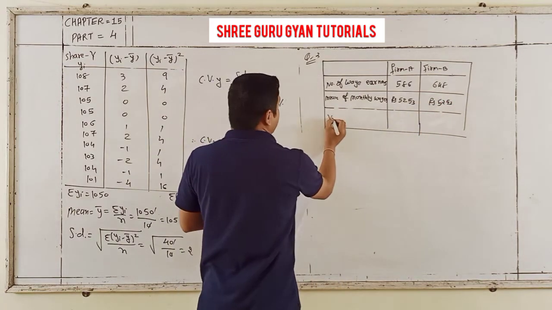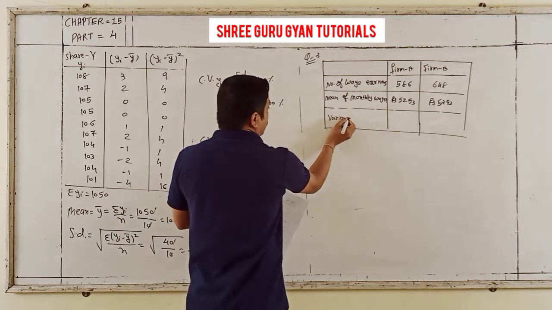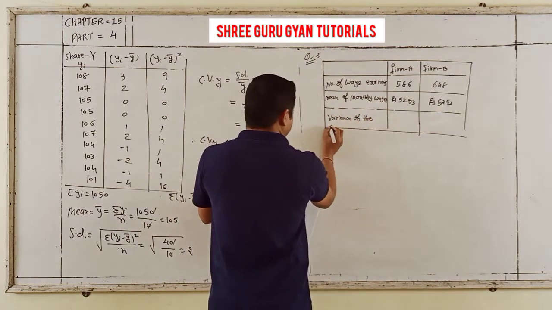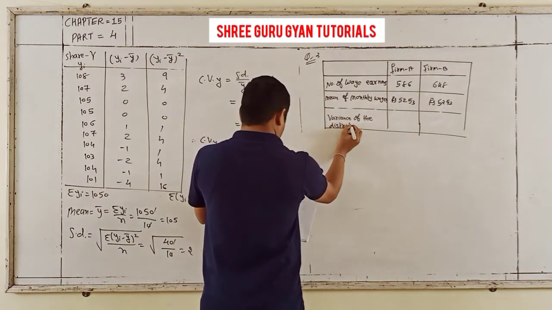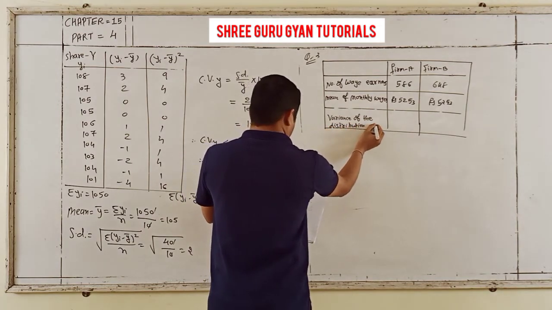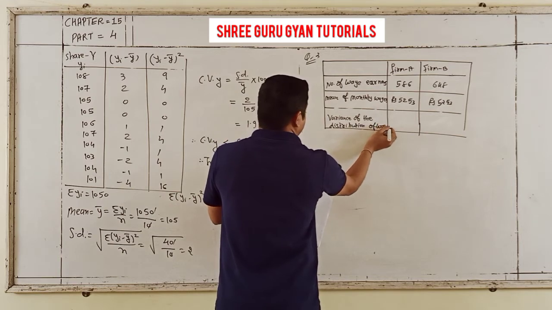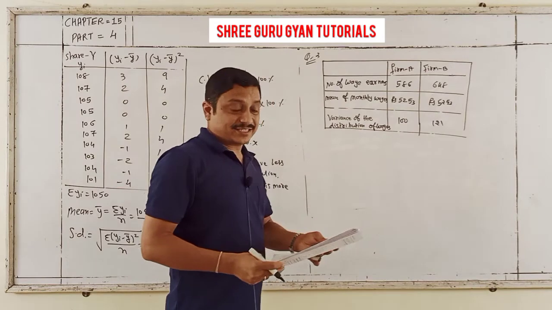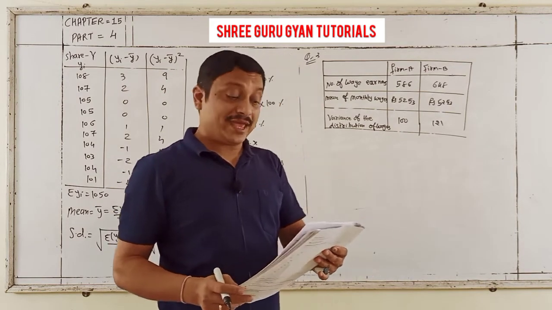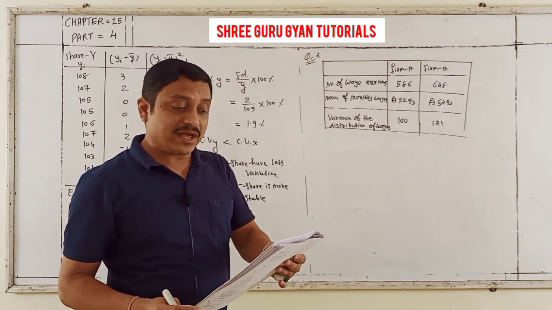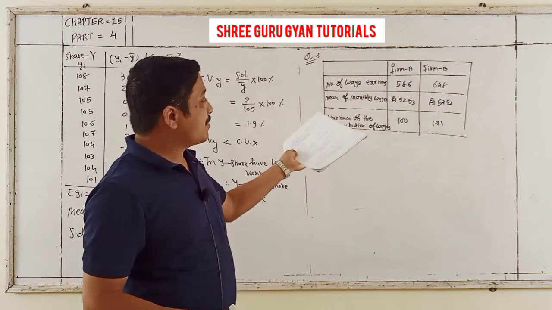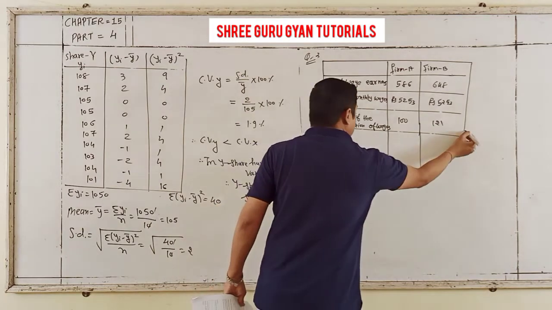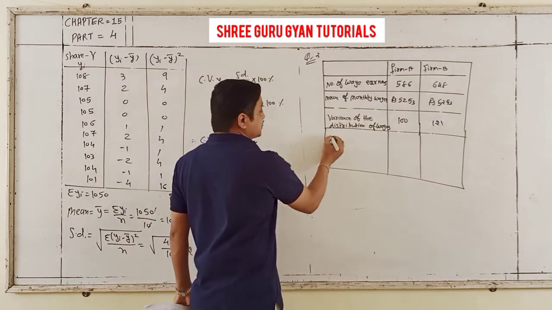And last, the variance of the distributions of wages is 100 and 121. The question asks which firm, A or B, pays a larger amount as monthly wages. The data is the same, and first of all I define in the table the standard deviation.